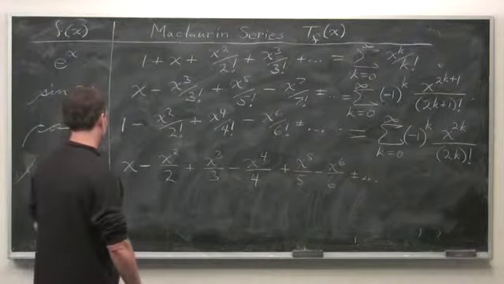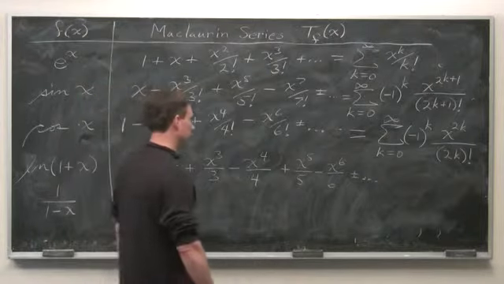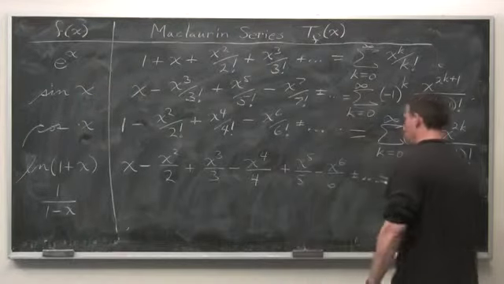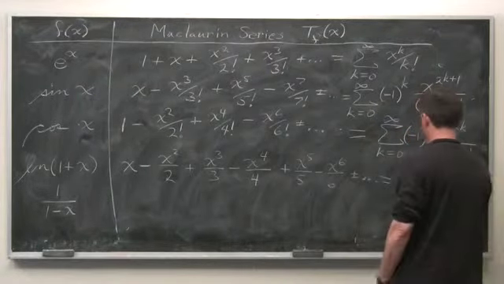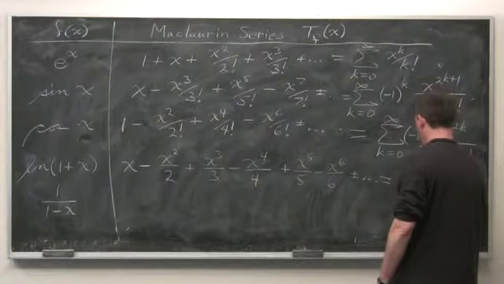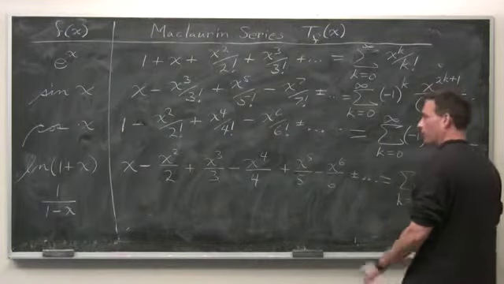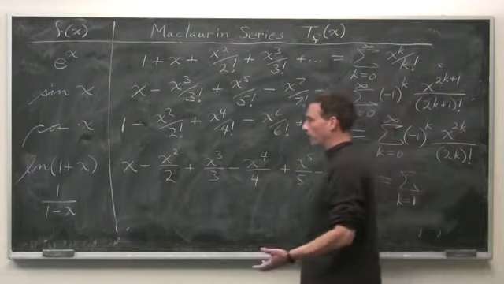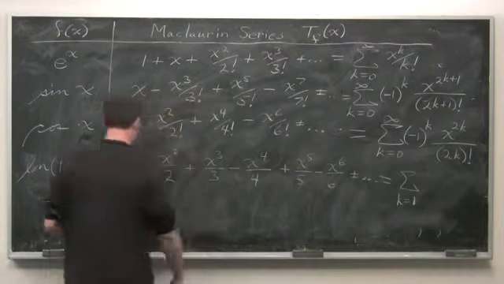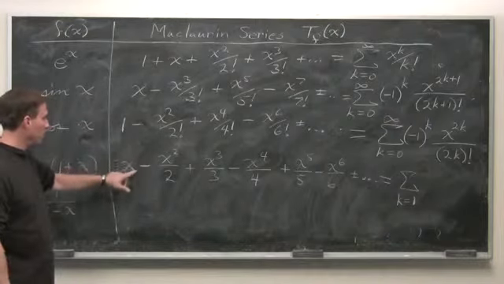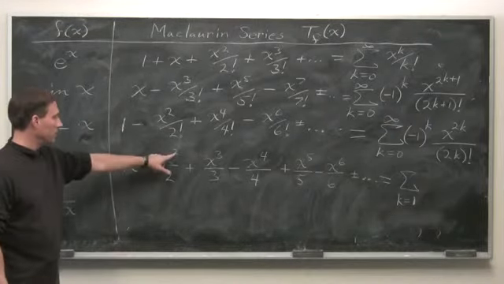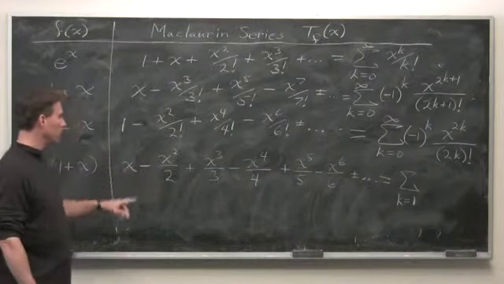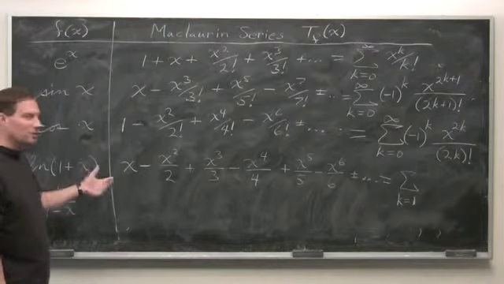Okay. And in summation notation, I'll work this one out for you. In summation notation, this is the sum as k goes from, we need to start at 1 now. There is no 0 term, and we don't even want to write it because you'd be dividing by the power of x that you see, the x to the 0 term divided by 0.